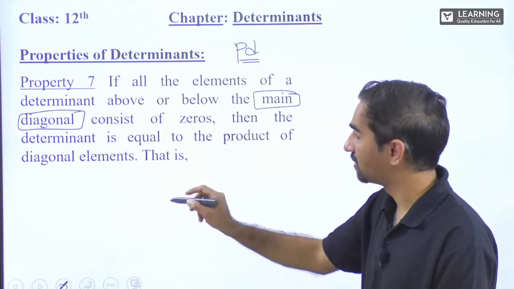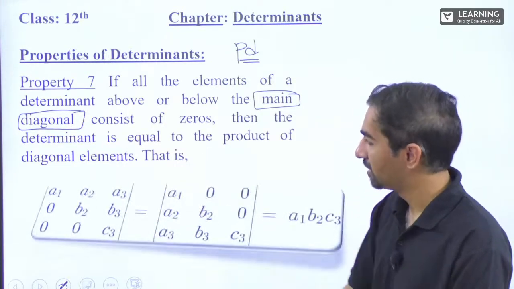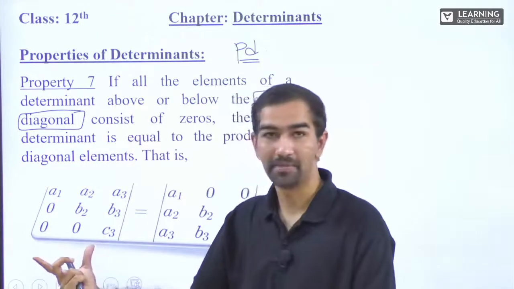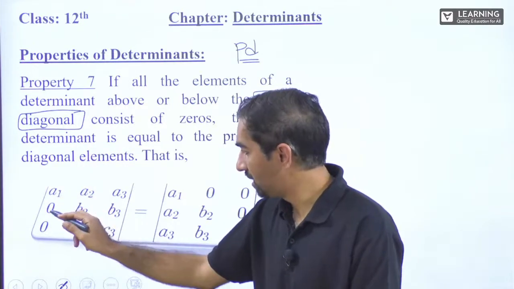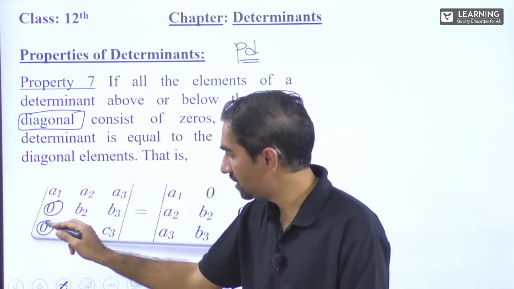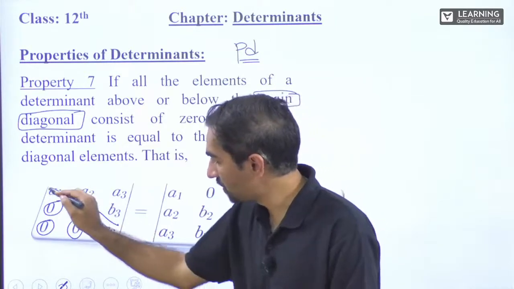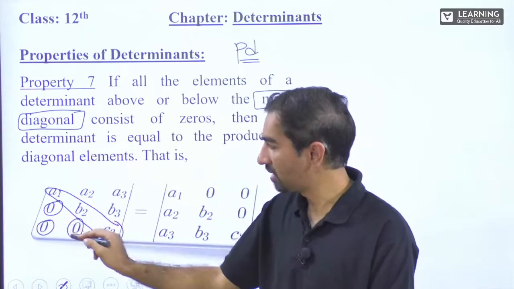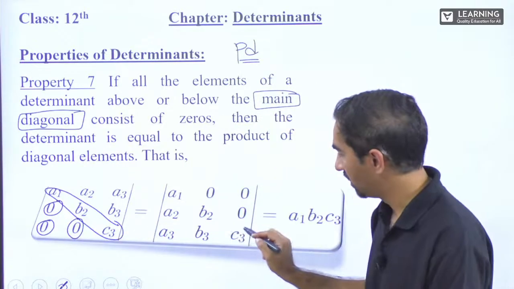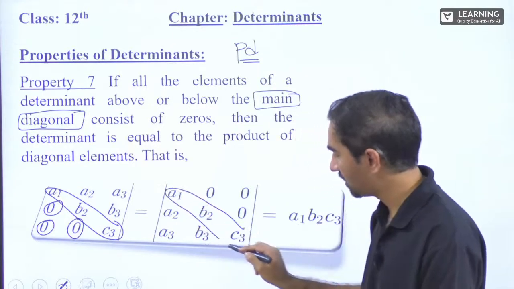You can see one small example here. We have taken one determinant. Here the elements below the principal diagonal are 0. Here you see the elements above the principal diagonal are 0. Correct?